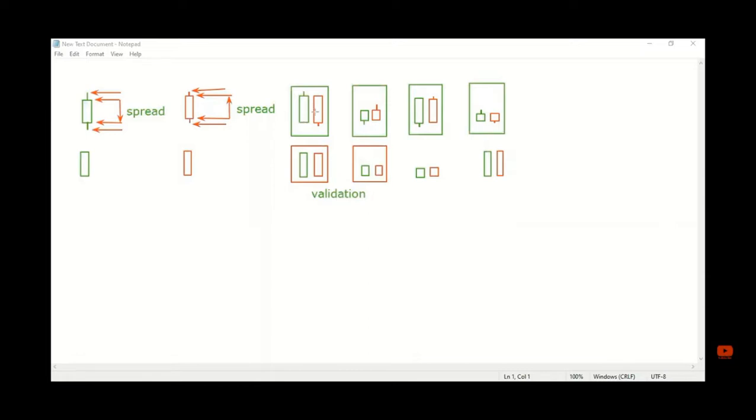A strong body candlestick, with large spread and high volume, and small spread with low volume, is valid. But in this case, it's not valid. When it's not valid, we call this term anomaly.